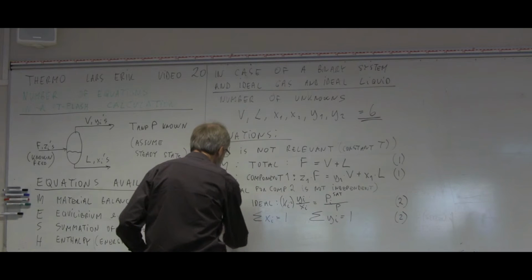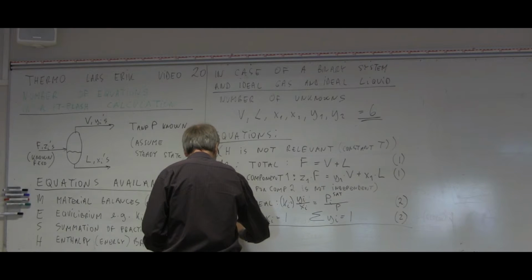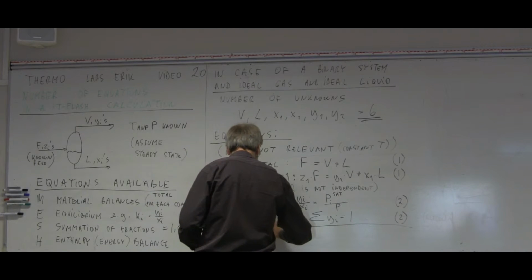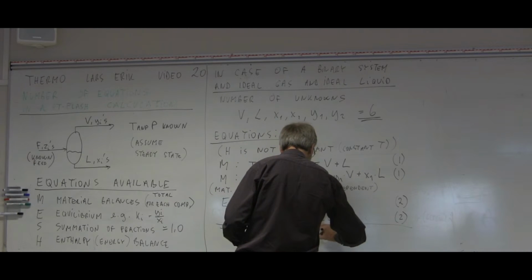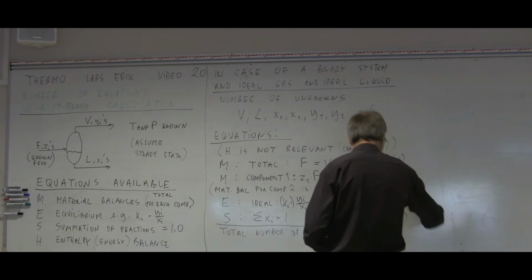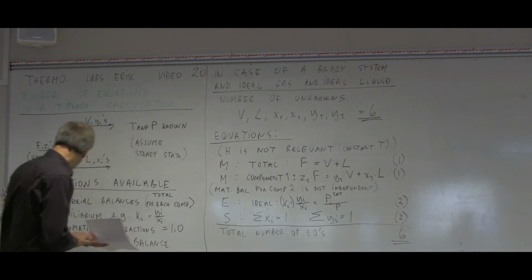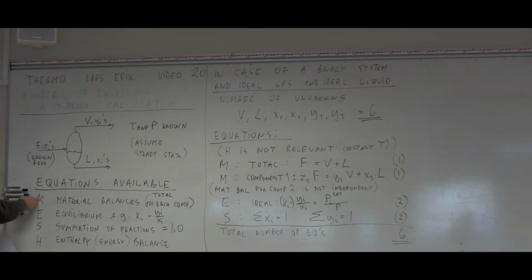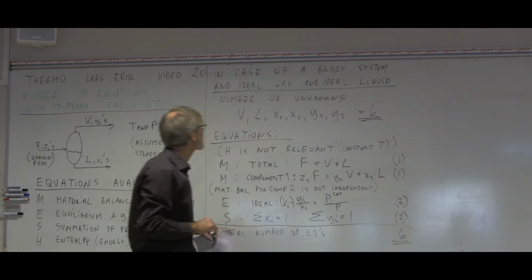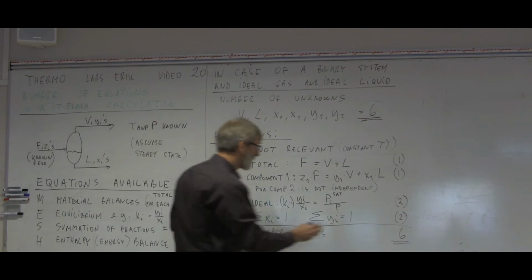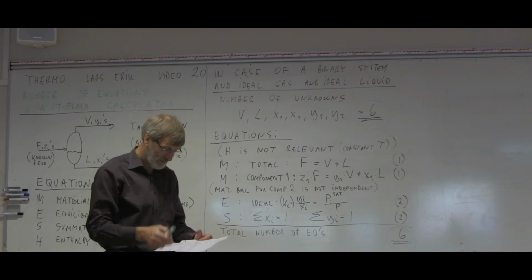And then the total number of equations is 6. And then we have 6 unknowns, and we have 6 equations.